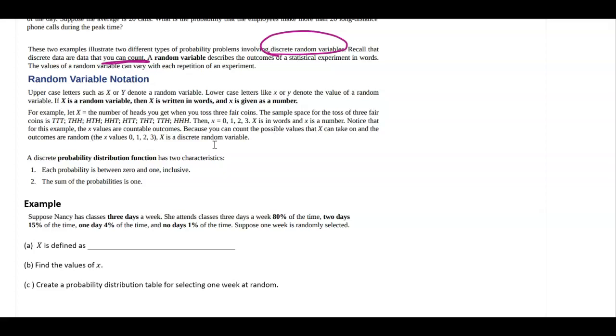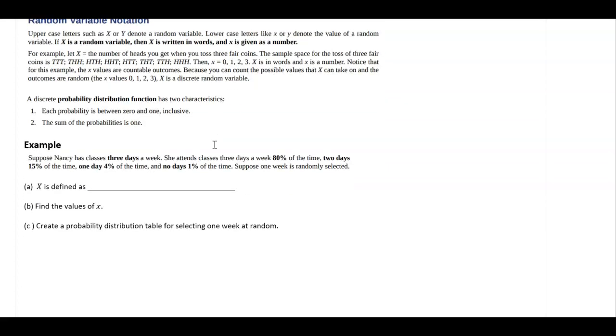Again, big X is in words, little x is in numbers. Probability distributions are going to have 2 characteristics. So each probability is going to be between 0 and 1, and the sum of all the probabilities of that function or that distribution is going to be 1.